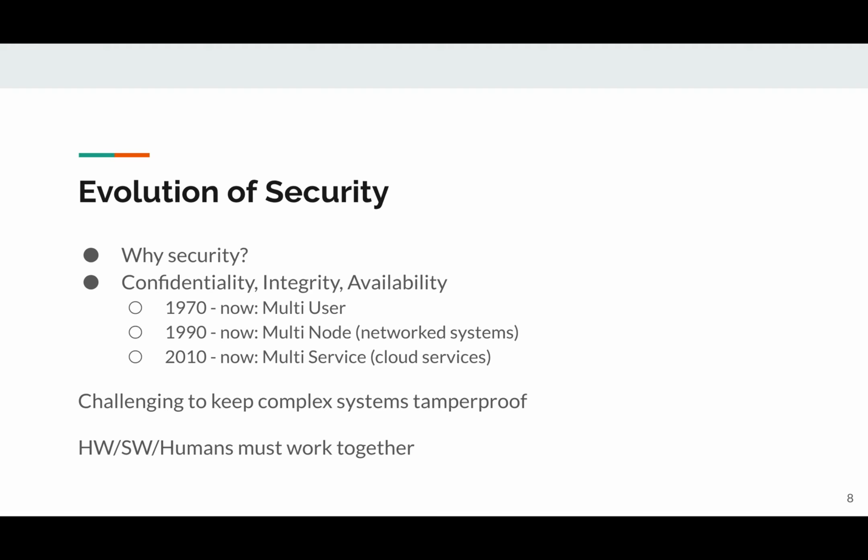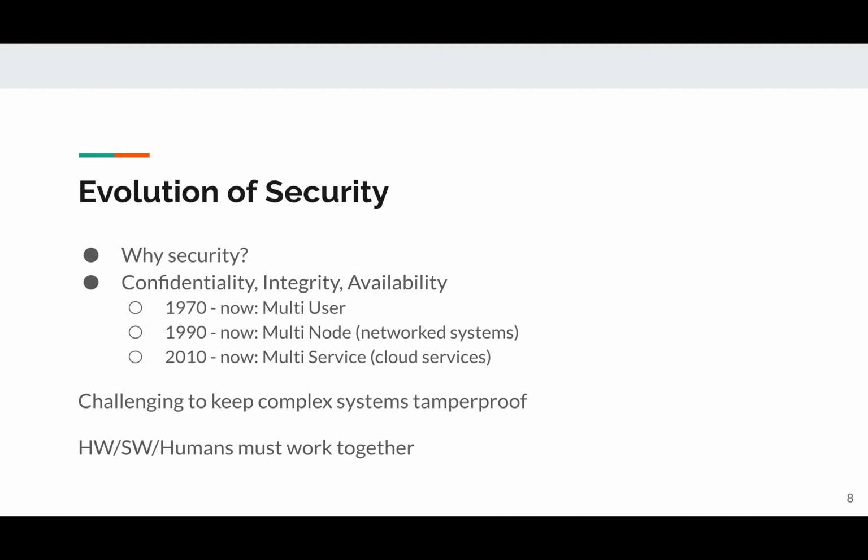Like, will people be able to mess with the integrity of the data in the service that we're providing? That would be the I, integrity. Or is it going to be available for us to use? Because if someone can crash it very easily, then maybe it won't be available for us to use, and therefore it won't be useful. So this is just one way of presenting the potential impact that security can have in a system, the CIA triad.